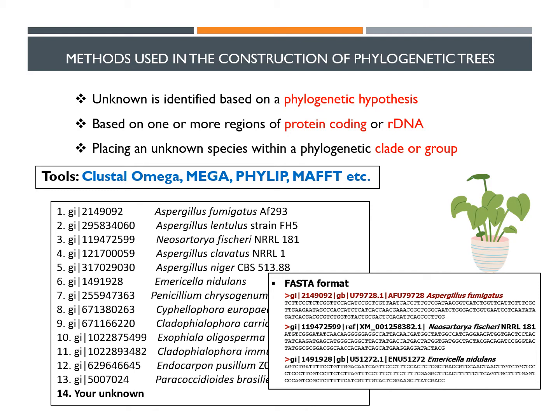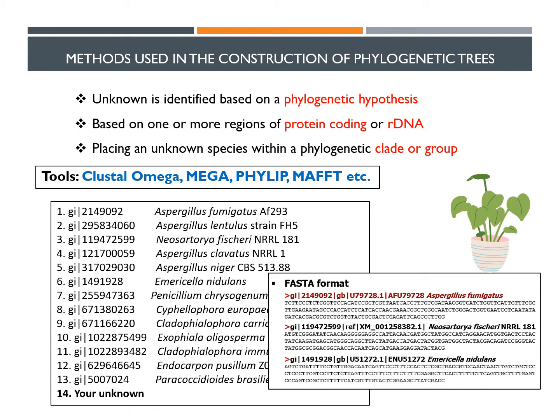DNA taxonomy for a particular group of fungi may be based on one or more regions of protein coding or ribosomal DNA, and can be derived from phylogenetic methods using any gene region individually or in combination.